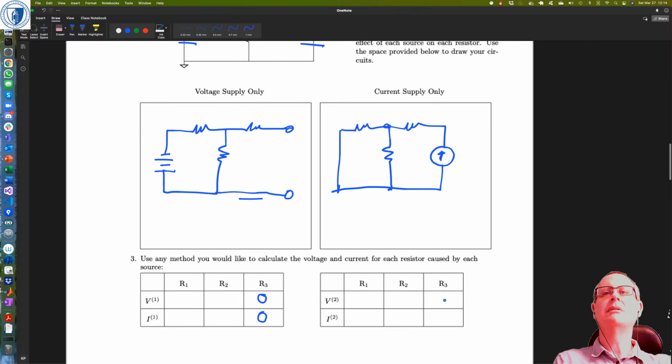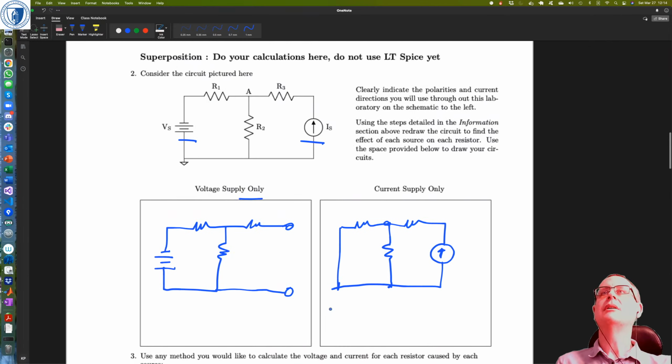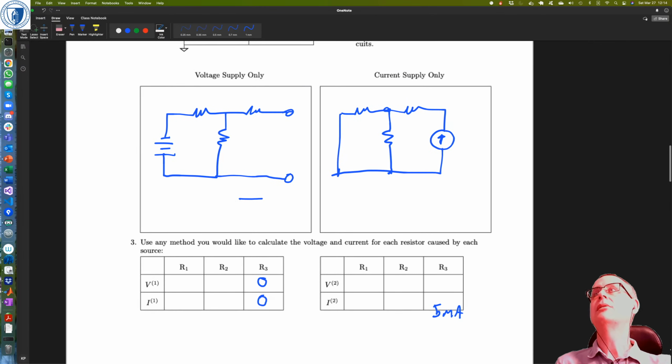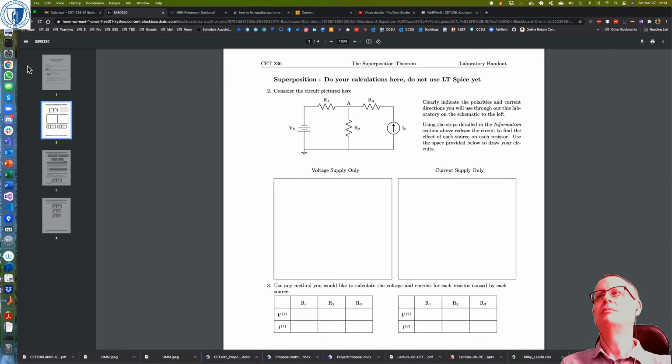And it's gone gaga again. Let me try drawing. So we know in this part that we have 5 milliamps. It's lost it again. Like I said, I do have some standards.